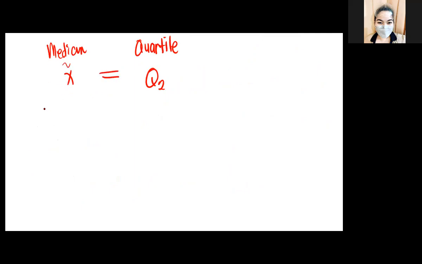Bakit? Si median po ay middle value while si Q sub 2 naman ay 50% of the data or 1/2 of the data. Okay? Kinukuha natin yung kalahati ng data. At yung nasa kalahati na yun, nandun si middle value.